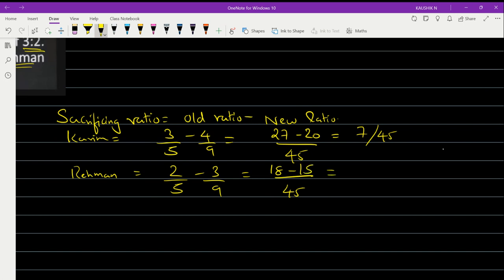So 18 minus 15 will be 3 by 45. So the sacrificing ratio between the partners is now 7 is to 3 between Karim and Rahman. Got it?